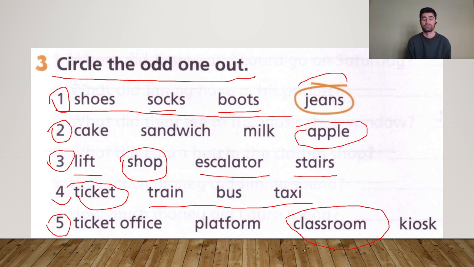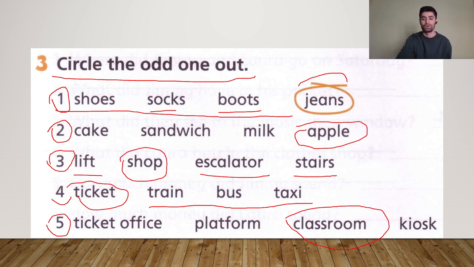These things or these places, you can usually see them in a train station, right? But classroom is a room where you study in school. Correct. Very good. Well done.